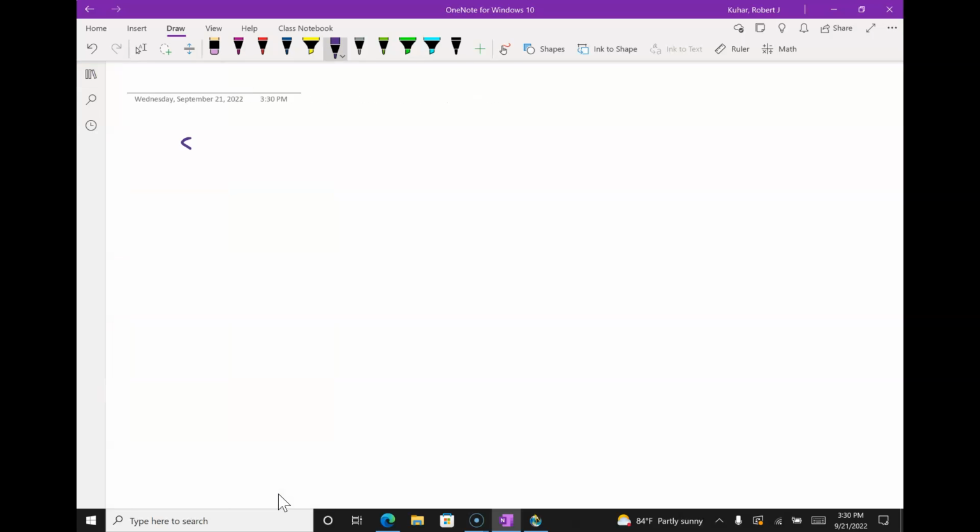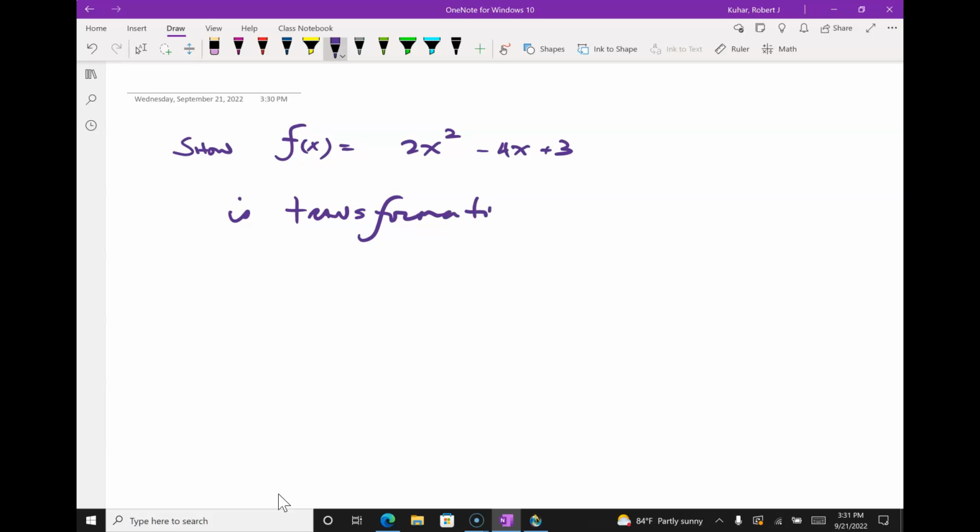So I want to show f of x equal to 2x squared minus 4x plus 3 is a transformation. So not only am I moving it, I'm also stretching it or compressing it, right? Of the mother function y equals x squared.